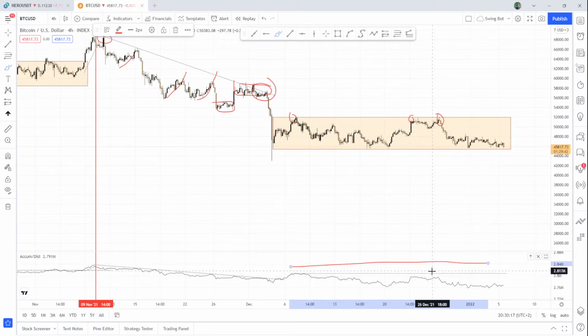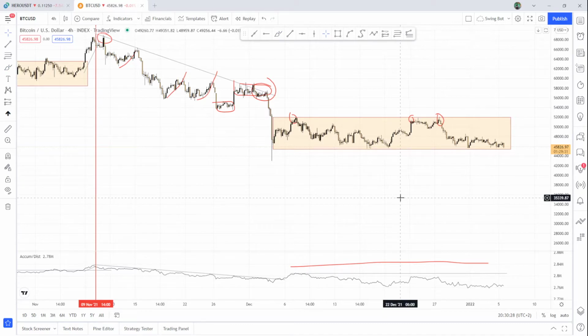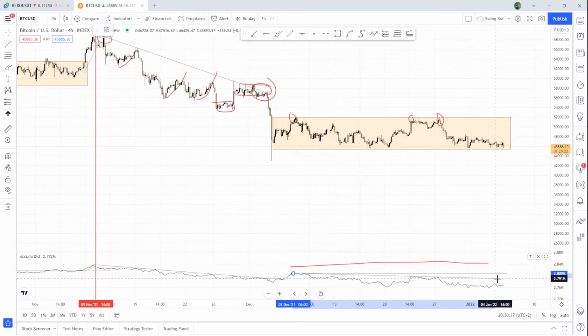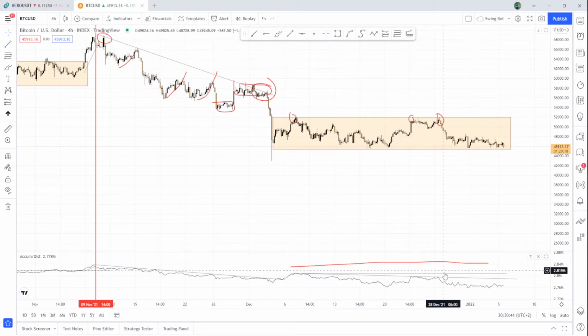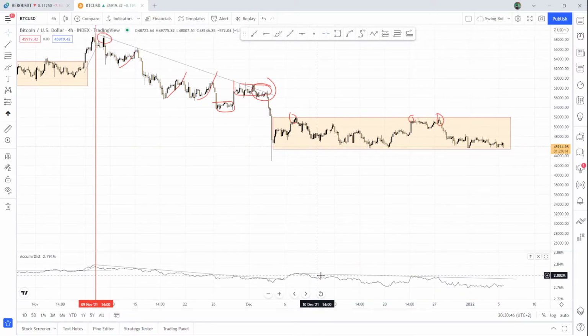If it's going to break up, then for sure it's going to break up here also, okay. And for example here you can see that we have a downtrend like this, okay. Let me remove this one. So right now it's in a downtrend, okay.